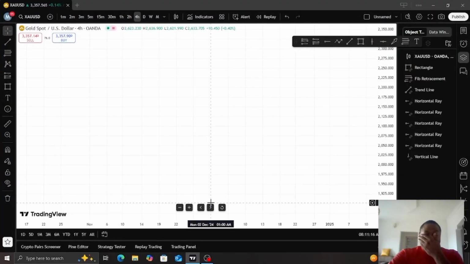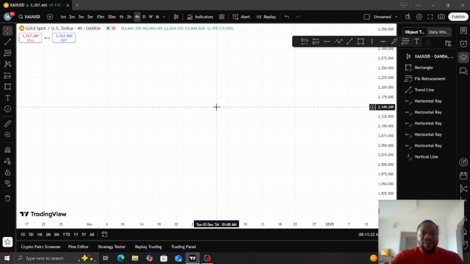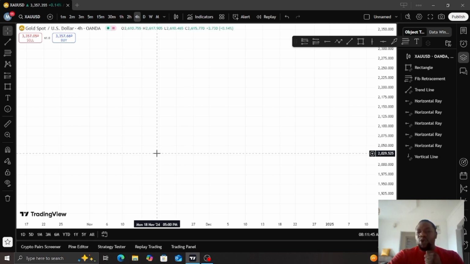All right, so let's get to the drawing board. Now, I told you about support and resistance, and that's the major reason why we are here. What's support and what's resistance? First of all, you must understand that a support level is an area where price fails to break through, a key area where price fails to break through at the lower level.